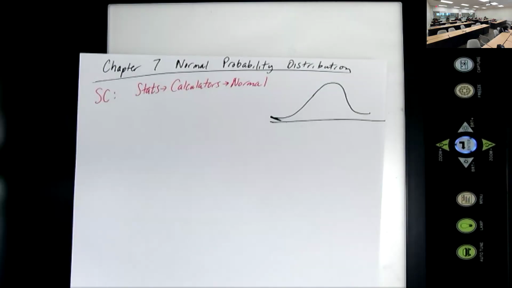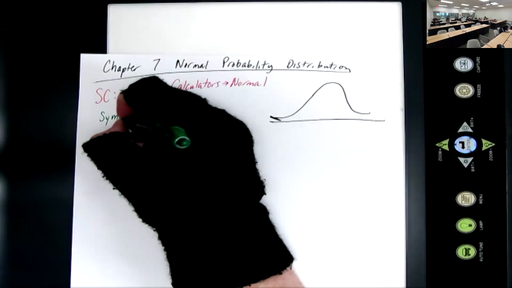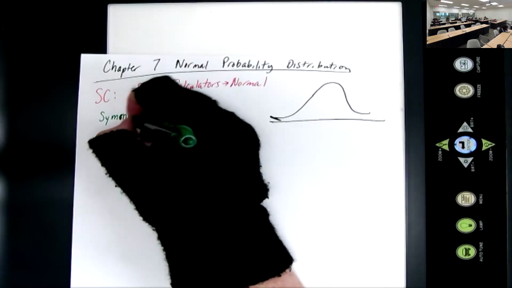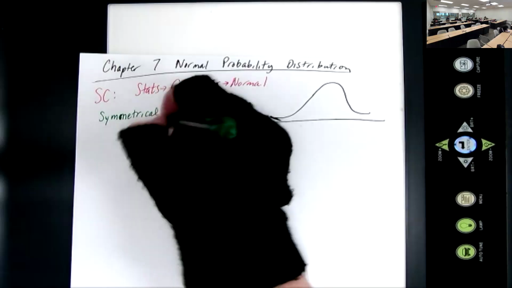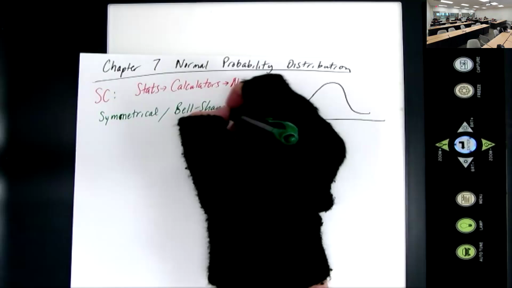So it's symmetrical. It's a symmetrical distribution. Bell shaped as well, not just symmetrical, but bell shaped.